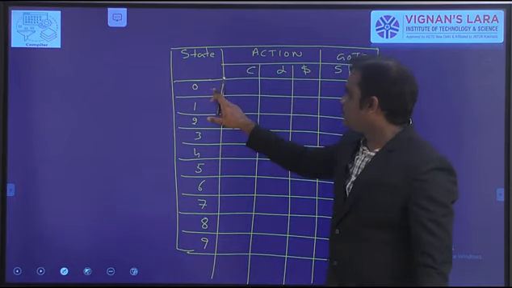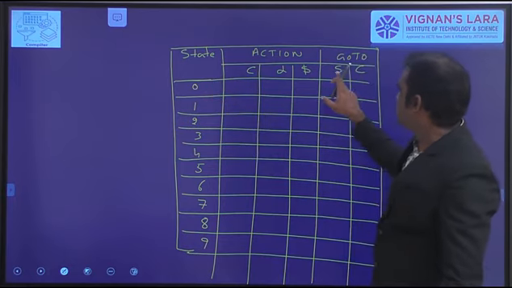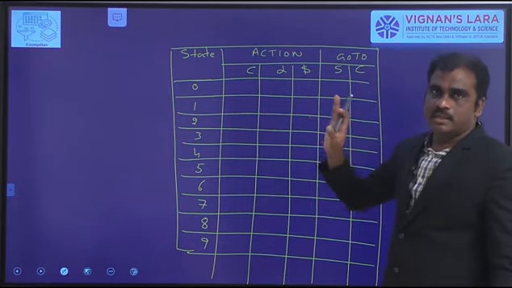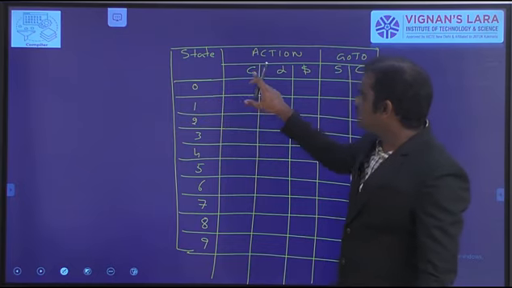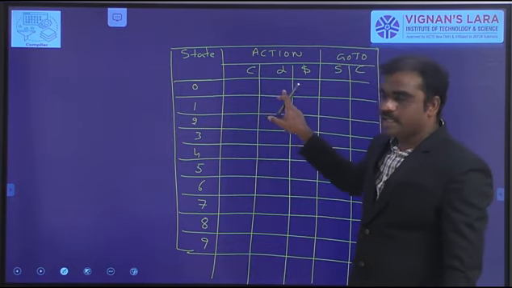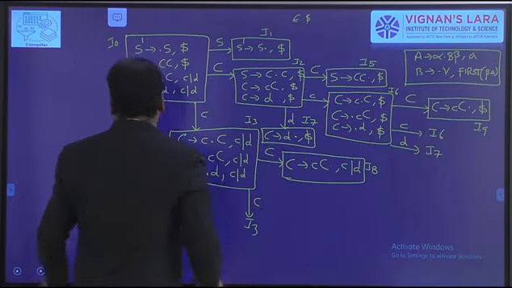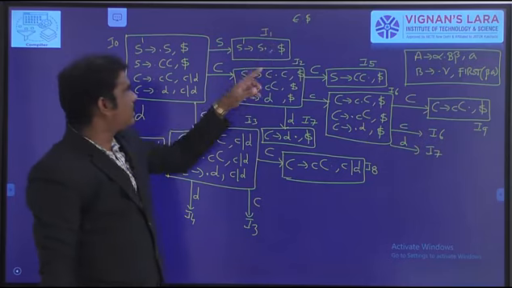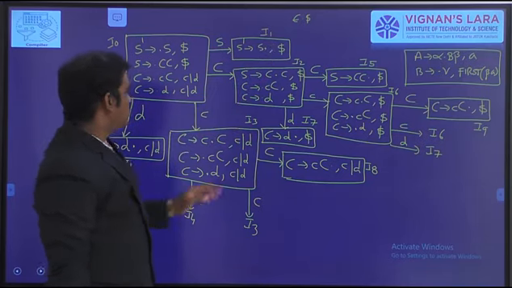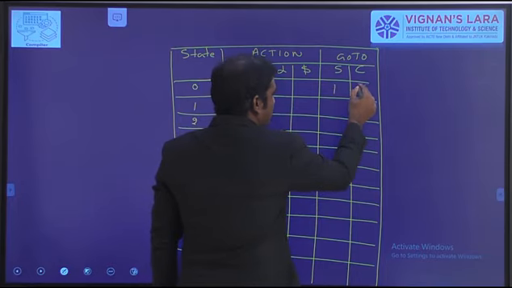So state 0 comma capital S. So go to of state comma non-terminal, the result is a state only. Whereas in the action part, state comma terminal symbol means here we have to perform the shift operation. So the first one is I naught comma capital S moving to 1, capital C moving to 2. So I naught 1, C 2.